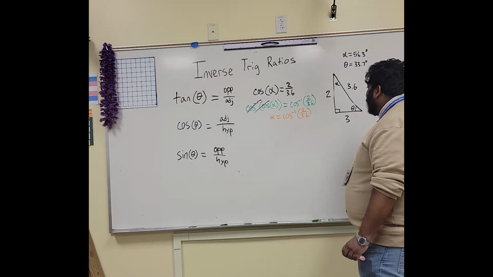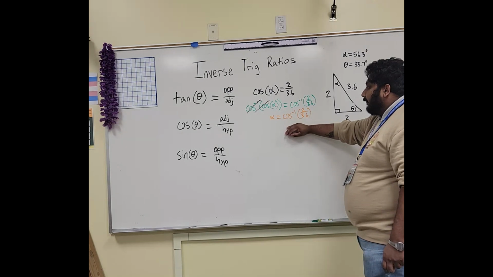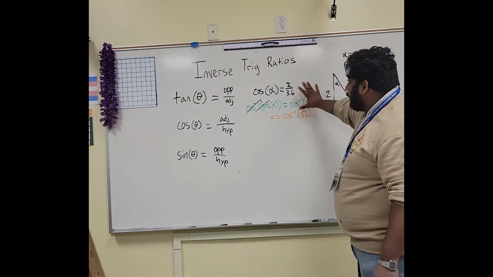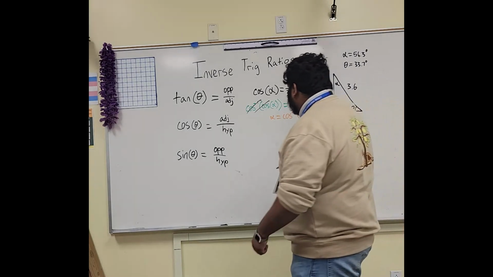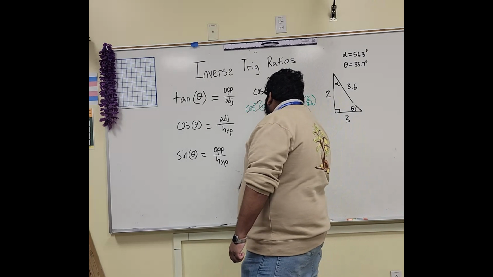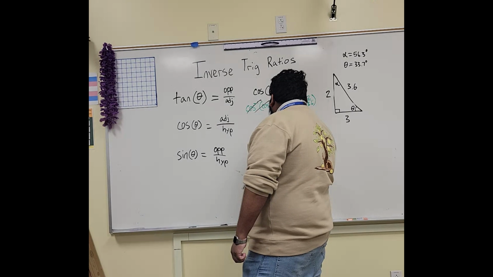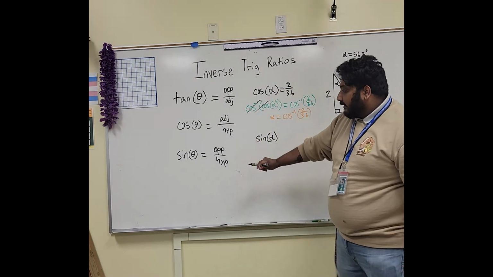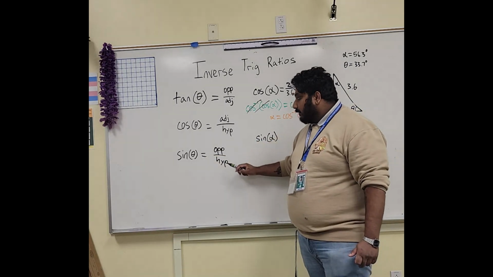Now, that was for cosine. Let's solve for alpha using sine. I'll keep this over here, and then we'll do sine at the bottom. So we have our setup, remember? It's the same setup, except now we're using sine, which is the opposite side over the hypotenuse.